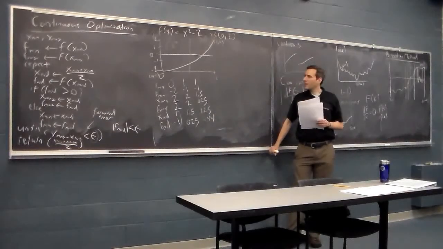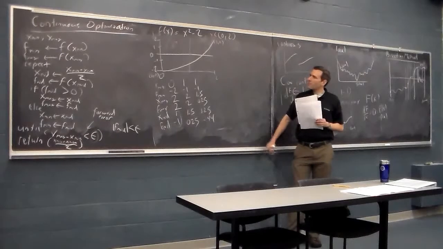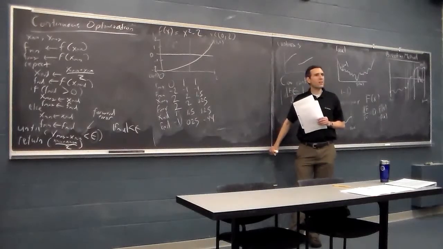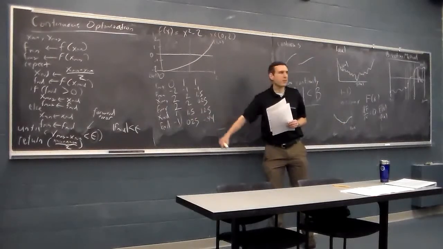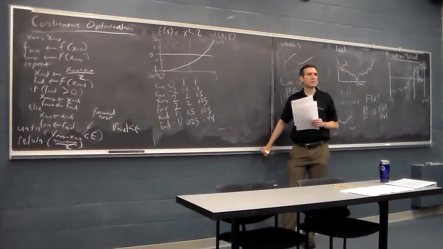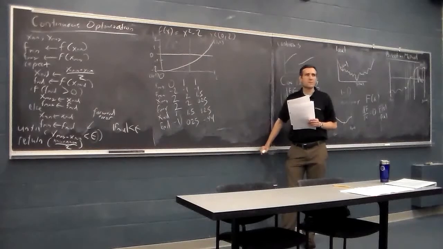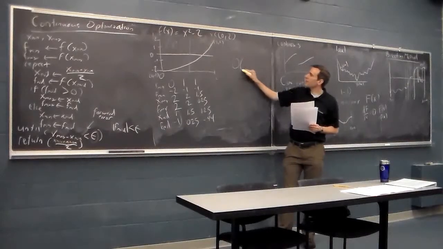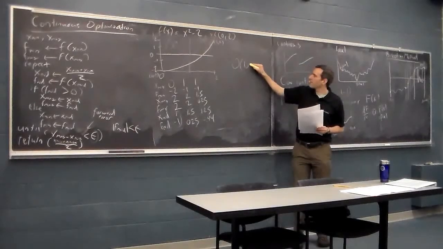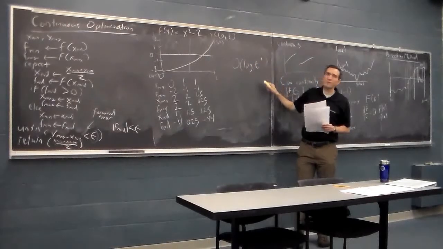But in the general case, how would the number of rounds of optimization we need depend on epsilon? Asymptotically, what would the number of rounds of optimization be? It's going to be on the order of the log of epsilon inverse.